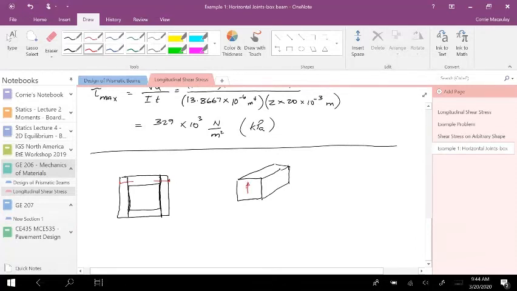We all know the shear force over the area is a simple calculation for shear stress. But we've also talked about how we have some horizontal shear force acting on that beam.